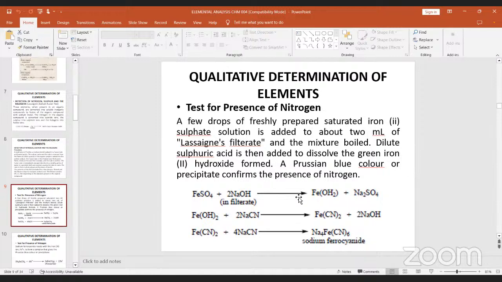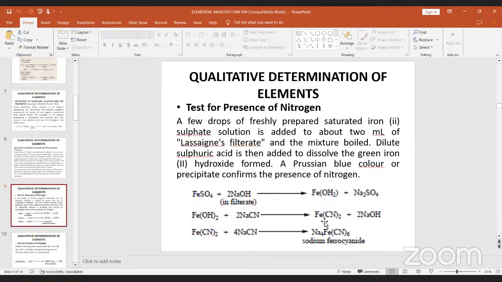So you take a little bit of the filtrate, which will contain your sodium cyanide. This sodium cyanide, the nitrogen in the compound is there now, and it is the nitrogen that you are looking for. You add it to iron hydroxide. The iron hydroxide you prepare freshly by the first reaction equation. So the iron hydroxide is now added to the Lassaigne filtrate, which contains the sodium cyanide that contains the nitrogen you are looking for.